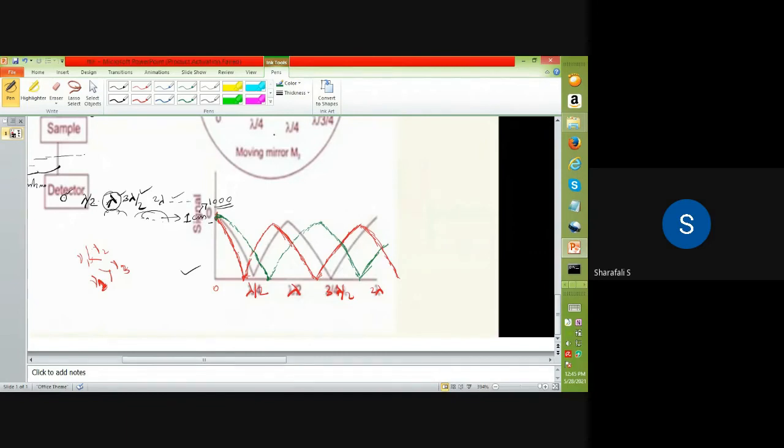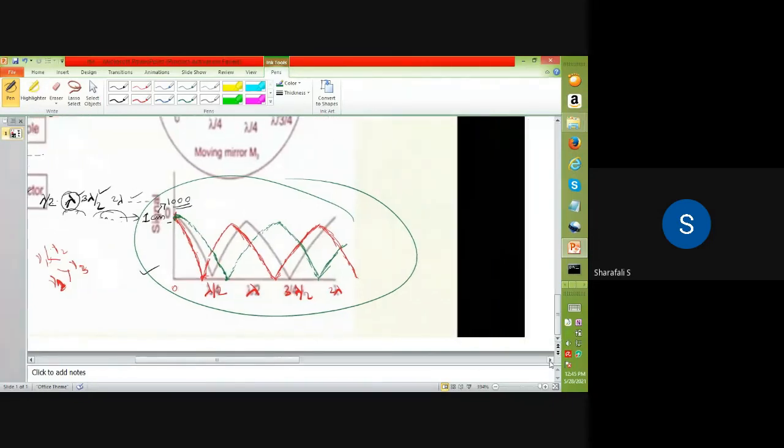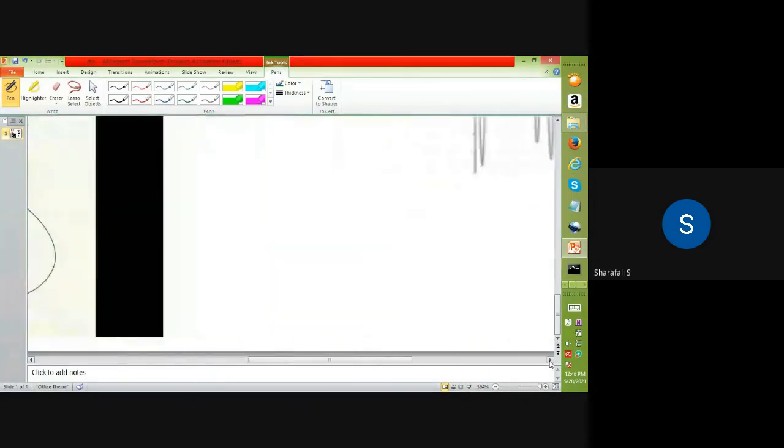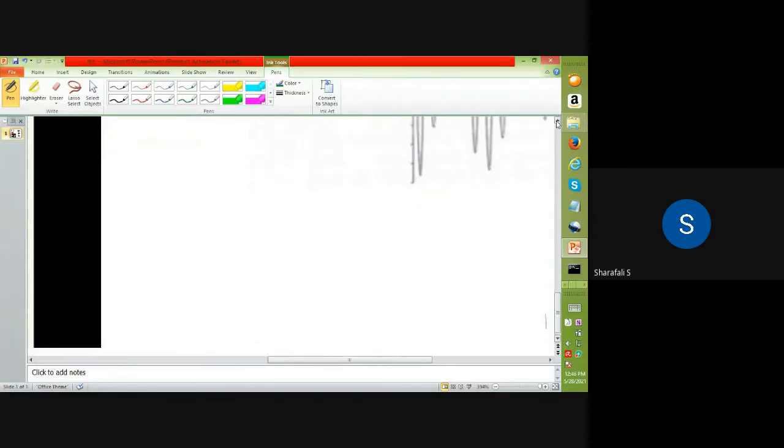Now, if you take a summation of all these, this is only for the case of three different frequencies. If you take the summation of these three, then we get this kind of spectrum.